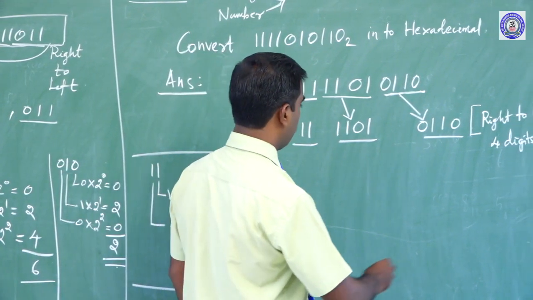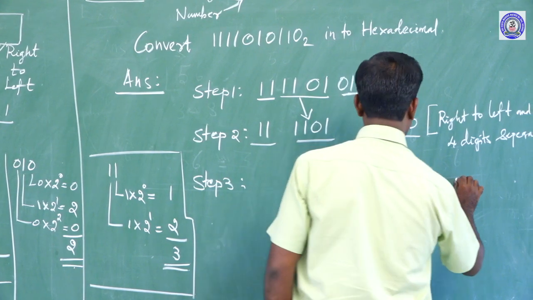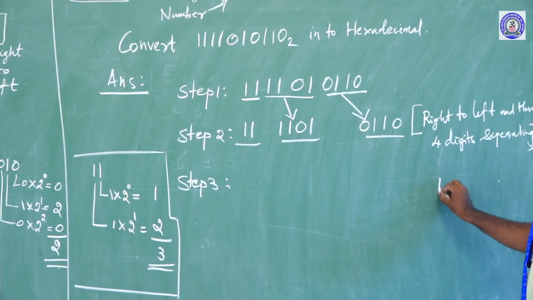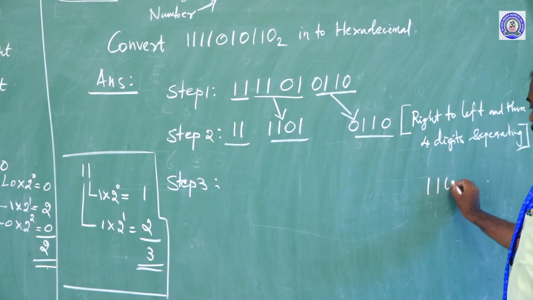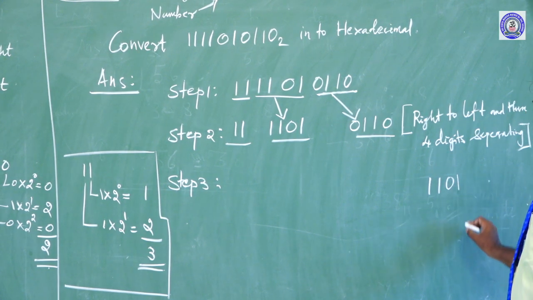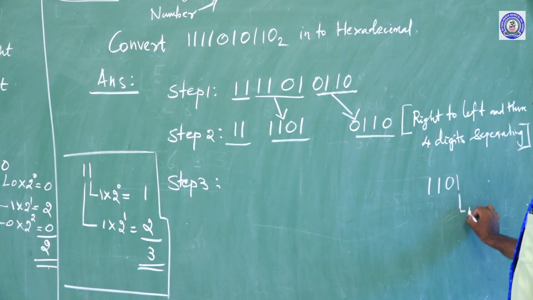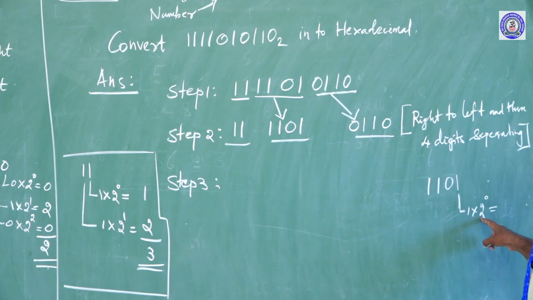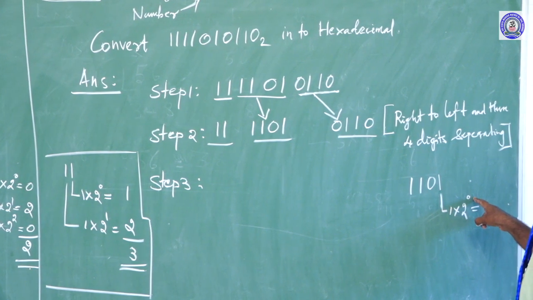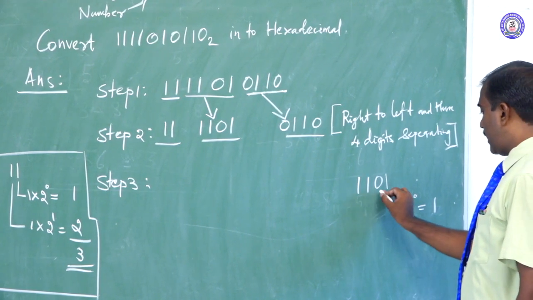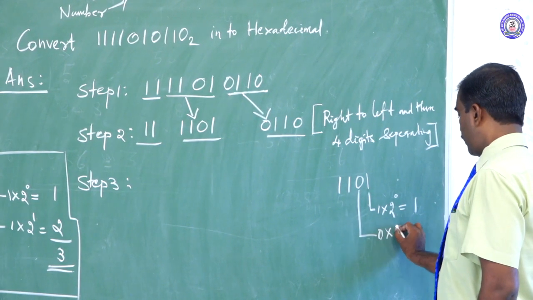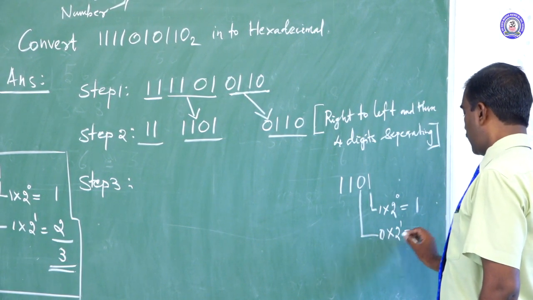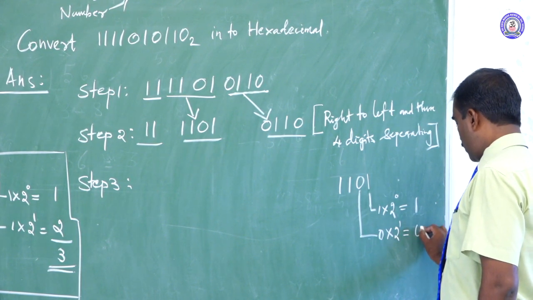The next one. Clear? Understand? Here 1 1 0 1. 1 into 2 to the power of 0: anything to the power 0 equals 1, that's why 1. Here 0 into 2 to the power of 1 equals 0.